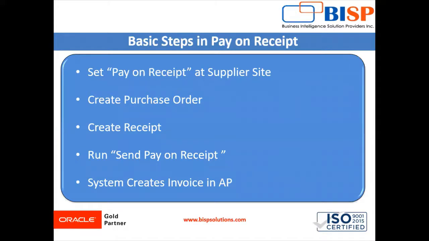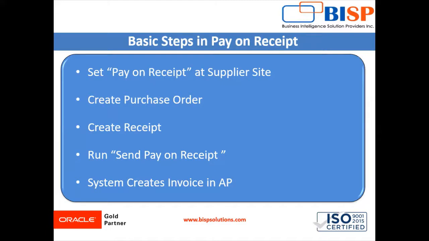These are some basic steps when we perform pay on receipt in the procurement application. First, we have to enable the pay on receipt functionality on the supplier side. After that, we will create the purchase order and purchase receipt, and we have to run the send pay receipt scheduled process, the ESS job.